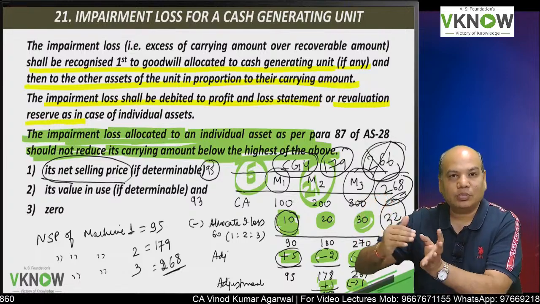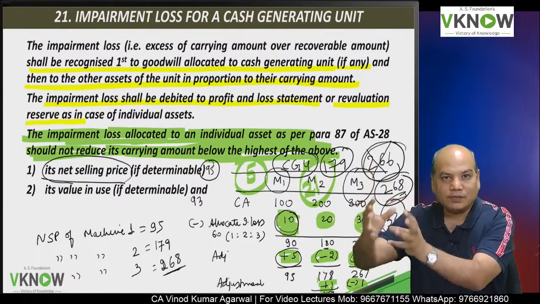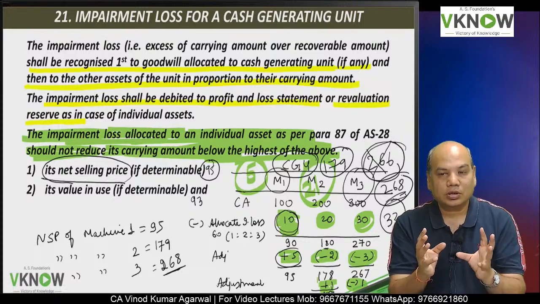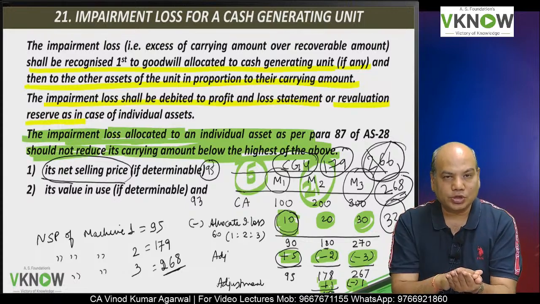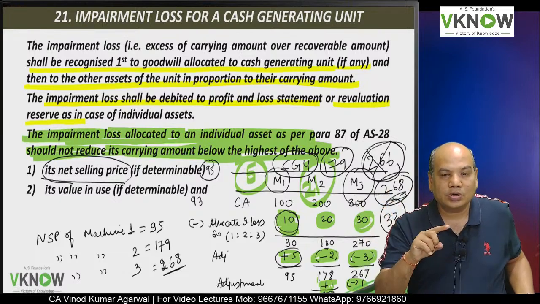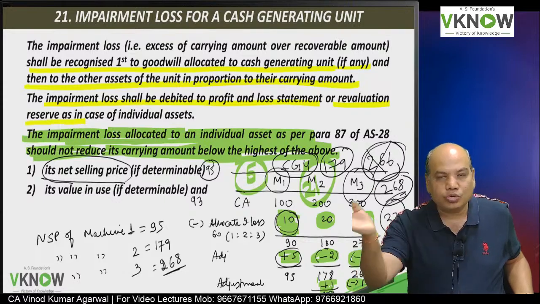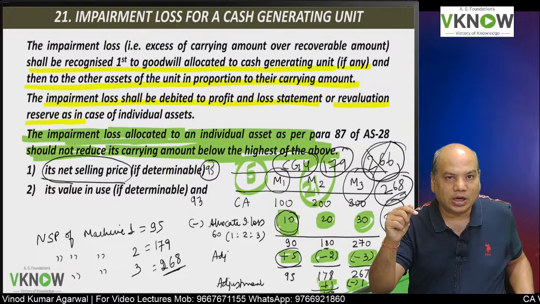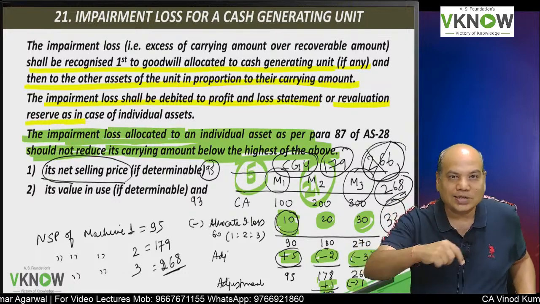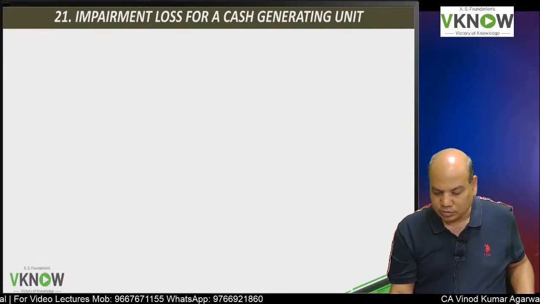But after allocating to other asset of the CGU, you have to also apply the same test for the other assets of the CGU. Whatever cannot be allocated to CGU1 cannot be allocated to CGU2. You can't shift the impairment loss from CGU1 to CGU2. You can only do the allocation of impairment loss within the assets of a CGU. So that was the concept.